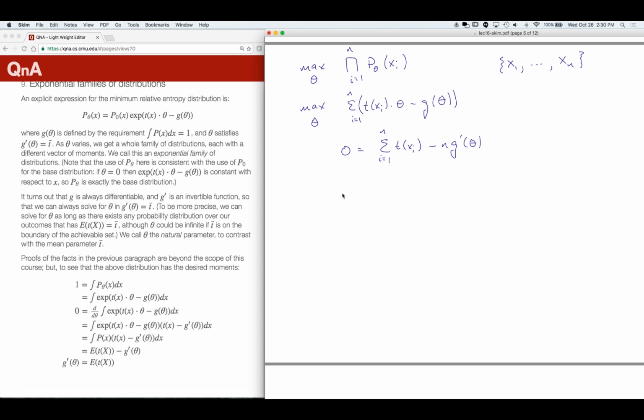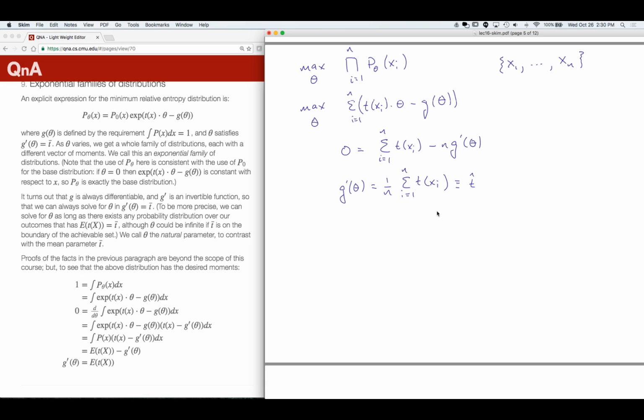In other words, g prime of theta is equal to 1 over n times the sum from i equals 1 to n of t of xi. And I'm going to call this quantity, just by definition, t hat.